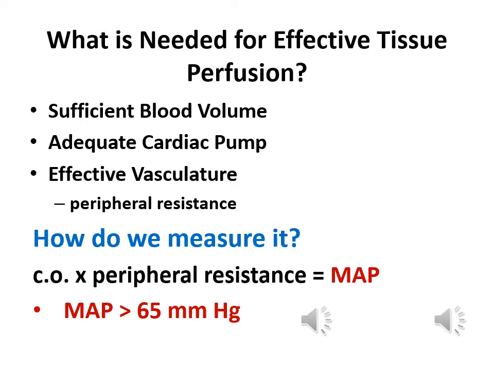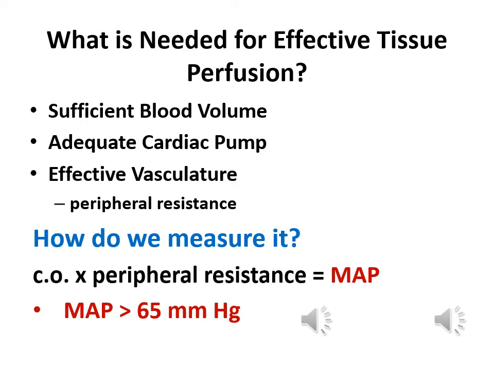The third thing the body needs is effective vasculature. So it needs something called peripheral resistance. And this is how the blood gets back from the toes back to the heart. So this is venous return, or another word that you're familiar with is preload, the process of getting that blood back to the heart.